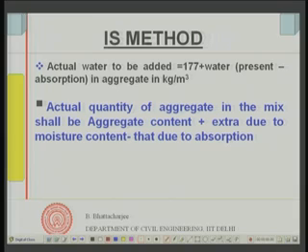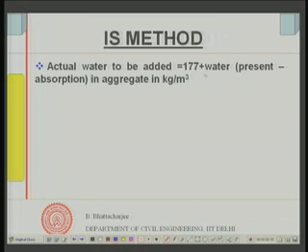If it is less than saturated surface dry condition, that much water I should add extra, because that will go by absorption. So, that adjustment I will have to make. First I find out how much is the moisture content minus the absorption. If it is plus, then that should be subtracted, otherwise if it is minus, it should be algebraically subtracted.